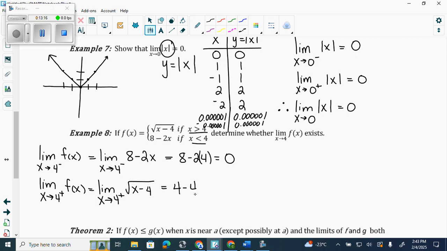I get 4 minus 4 with the square root over top, which is the square root of 0, which is 0. So when they're both equal to 0, what can I say? Yeah. Therefore, the limit as x approaches 4 of f of x equals 0, and it exists. It asks if it exists.